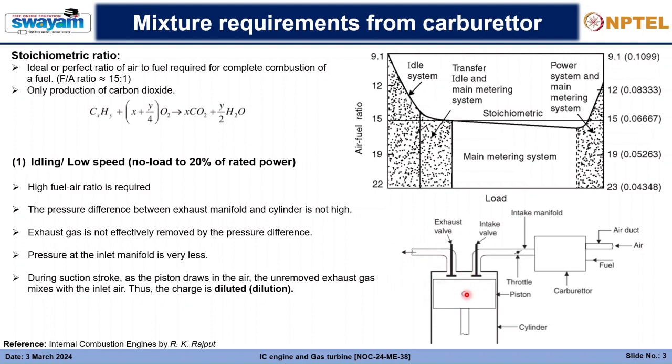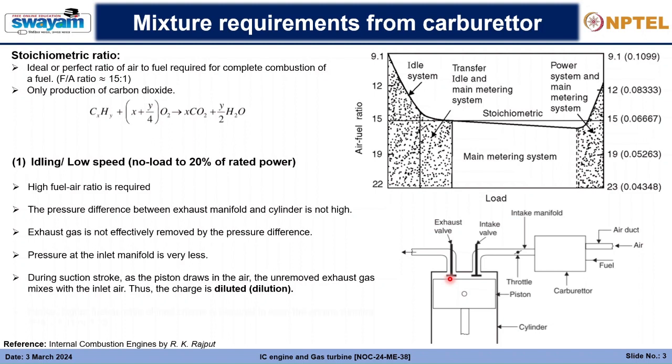And that way, the charge is diluted. This process is called dilution, and it happens during idling or very low speed conditions. Accordingly, the power generated during the combustion stroke will be very less because it comprises a higher amount of unburnt gases which have no utility during the combustion, right?